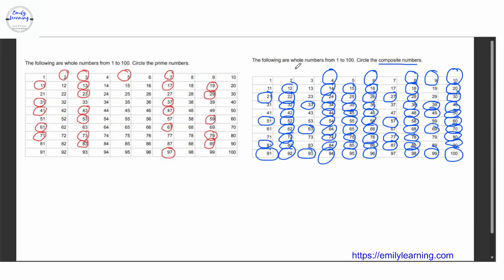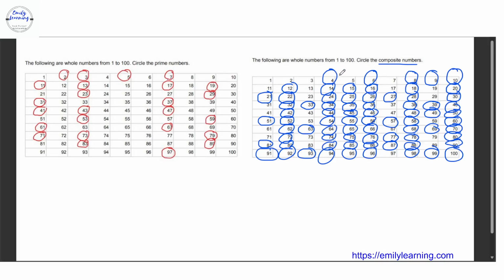Now, some general observations. 2 is the only even number that is a prime number. Any other even numbers will not be prime numbers. They will be composite numbers, because apart from themselves and 1 being a factor, they also have 2 as a factor. All even numbers have 2 as a factor.